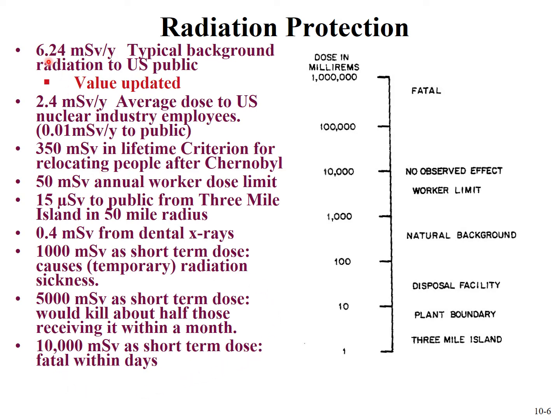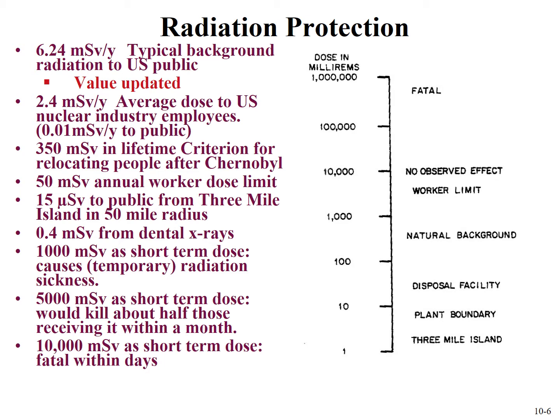If you look at the annual background of about 6 millisieverts per year, a temporary short-term dose of 1,000 millisieverts causes radiation sickness. 5,000 millisieverts, 5 sieverts, short-term dose would be an LD50 for a month. And 10,000 millisieverts, 10 sieverts, as a short-term dose would be fatal.